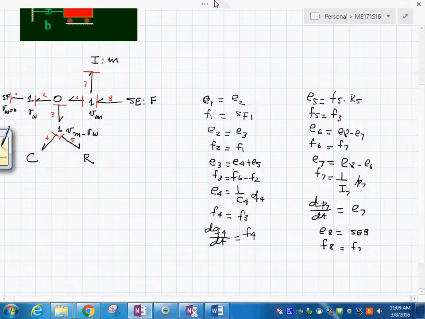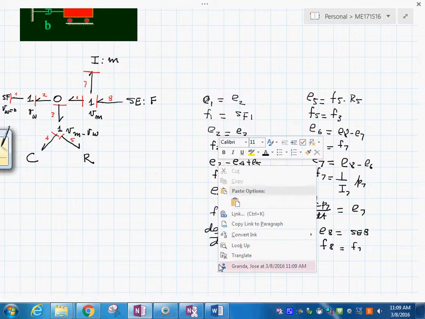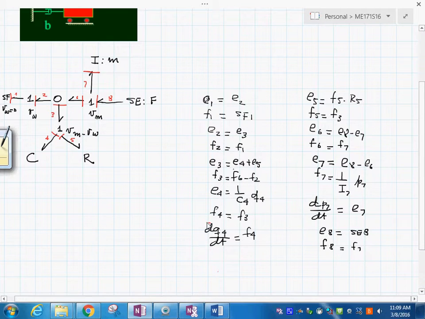But you see, it's still a little mysterious here. How come a set of little individual equations represent the differential equations of the whole thing? So there has to be some way to reduce this a little bit.